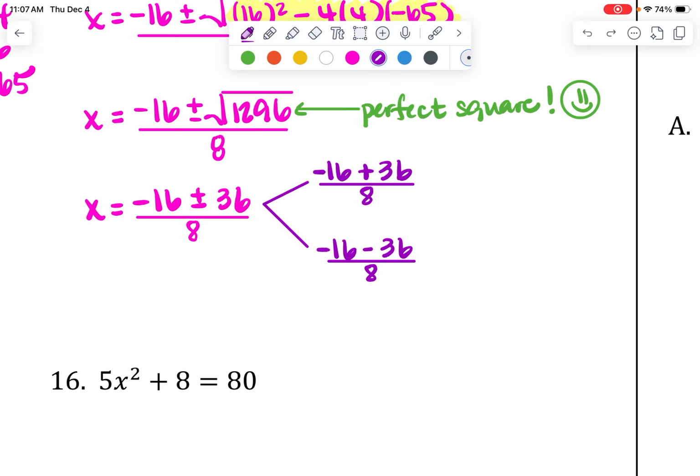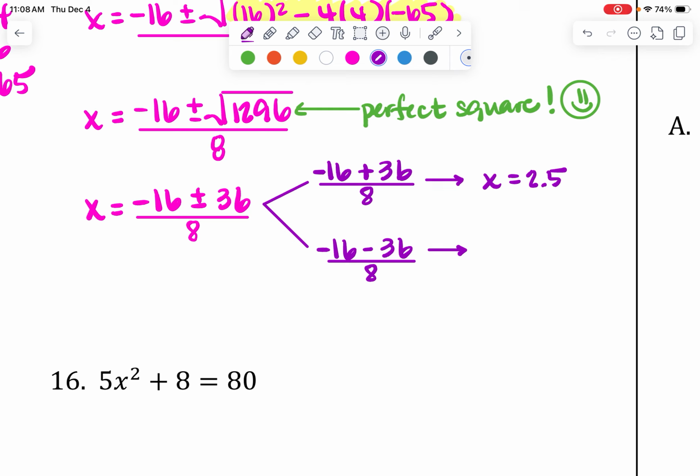So be really careful. All right, so this one is going to give us x equals, okay, let's type it in. -16 plus 36 is 20, and then we divide that by 8, and I'm getting 2.5. And then I'm going to do -16 minus 36, which is -52.